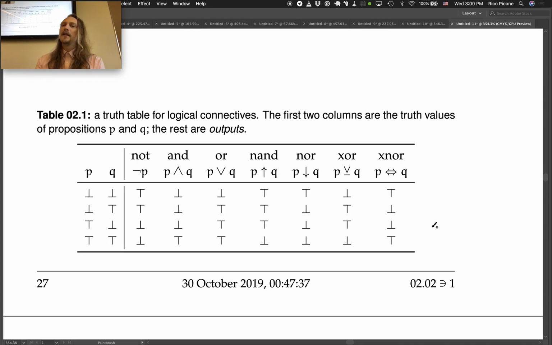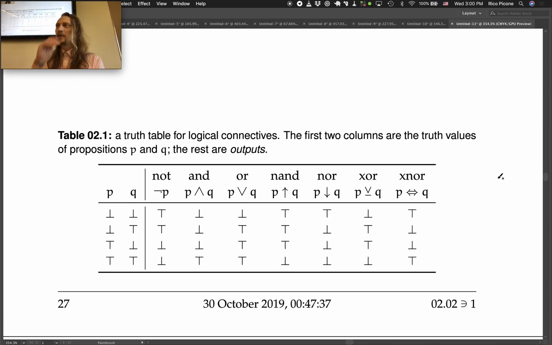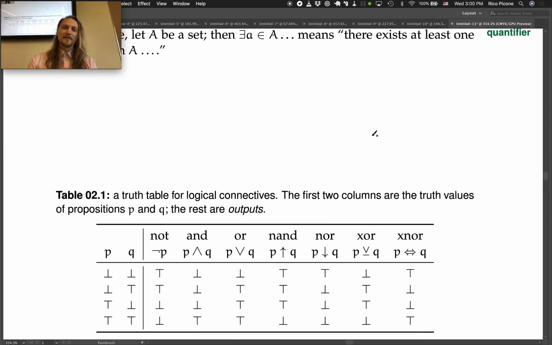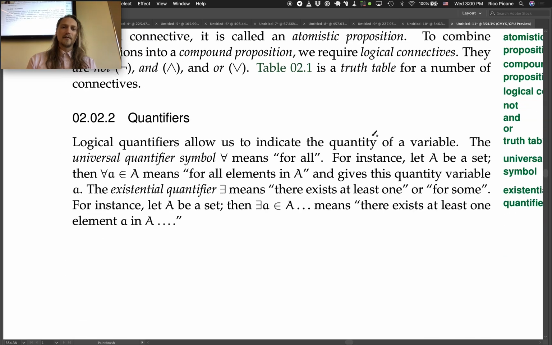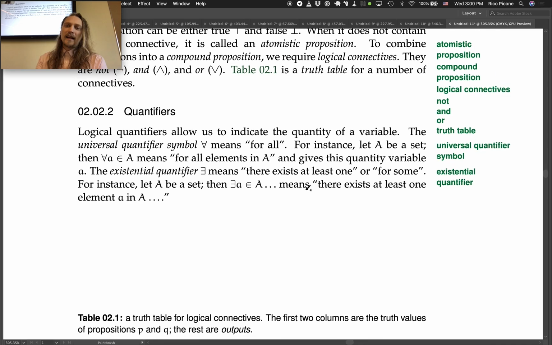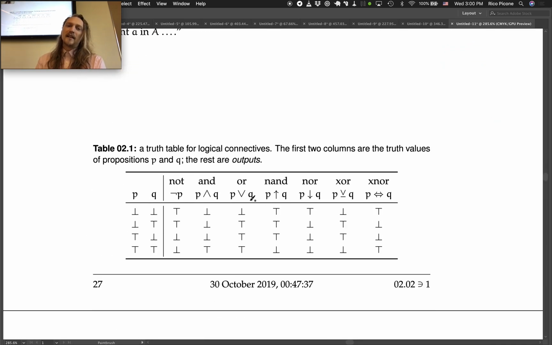Truth tables are really useful, especially if you start to get confused about things. It's got all the answers in it. Okay? Yeah, so truth tables, pretty great things. And realistically, the first three columns, not, and or, are the ones that are the most important.